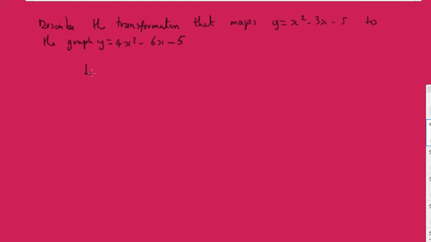So let f of x be x squared minus 3x minus 5. Now let's look at the two graphs.